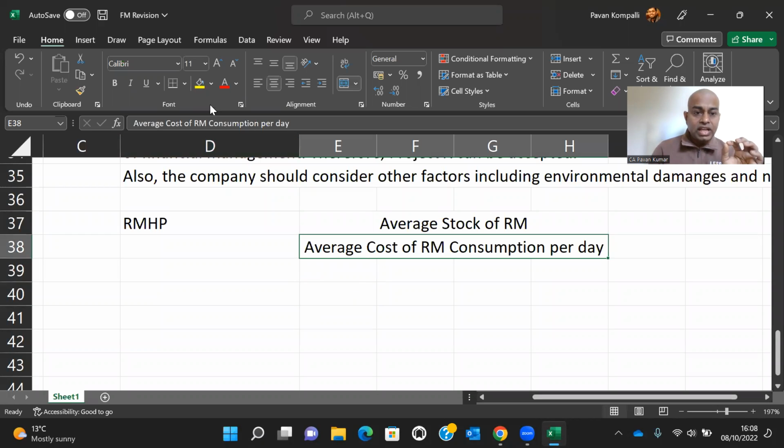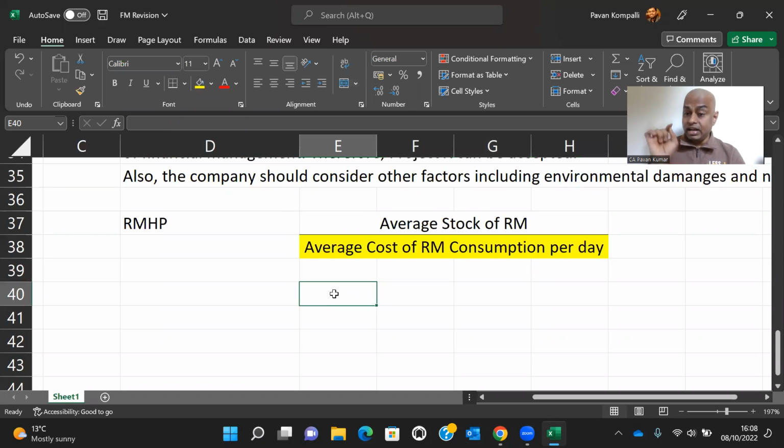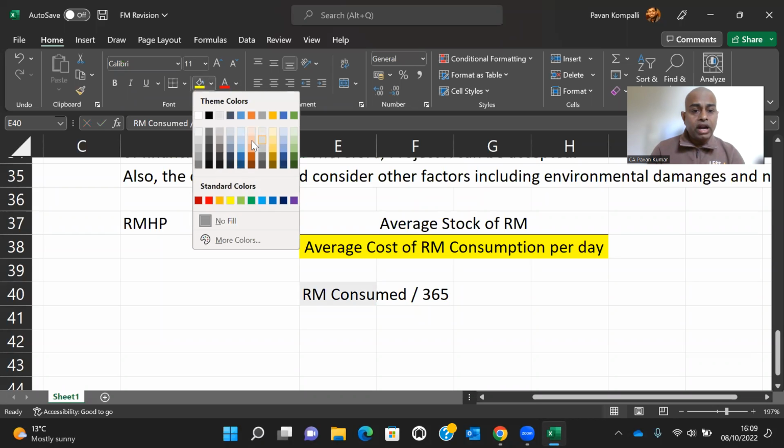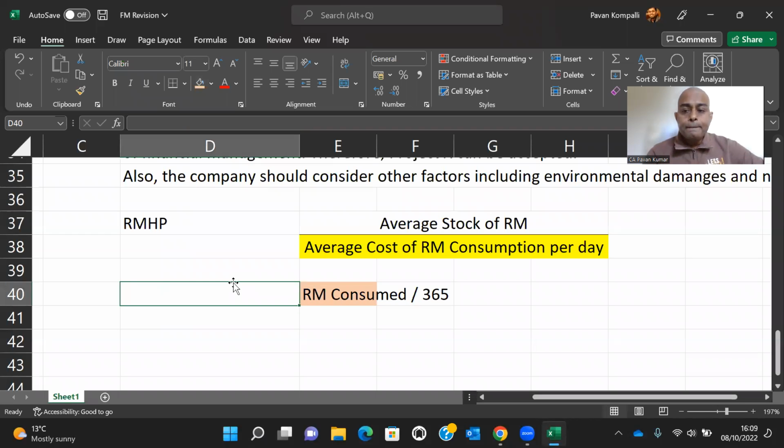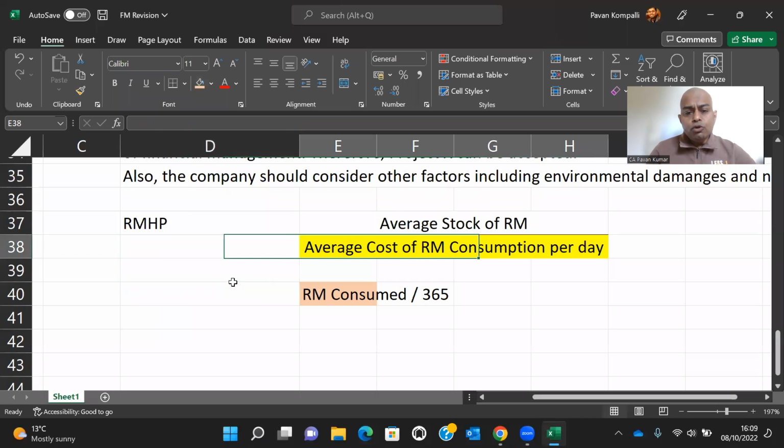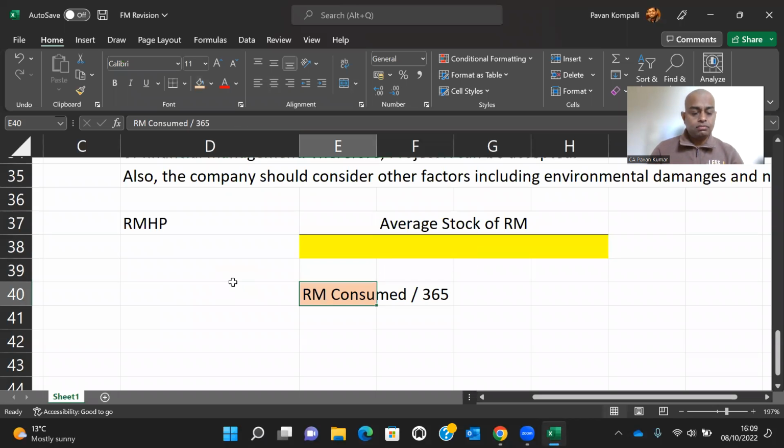So instead of this, can I write raw material consumed divided by 365? Do you think the content in yellow and the content in red are the same? So remove this from here, put this here.